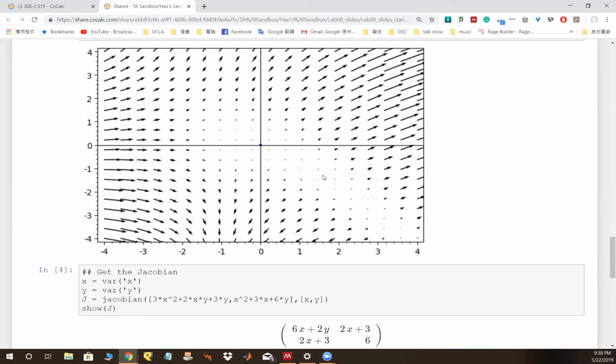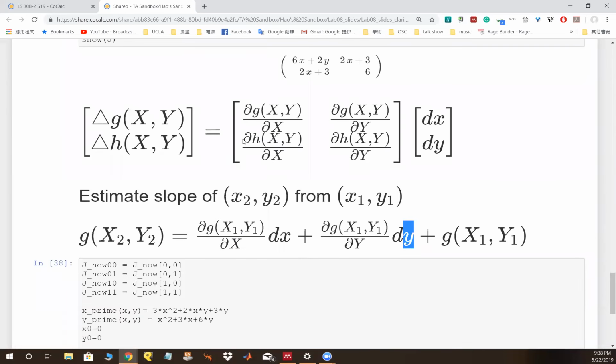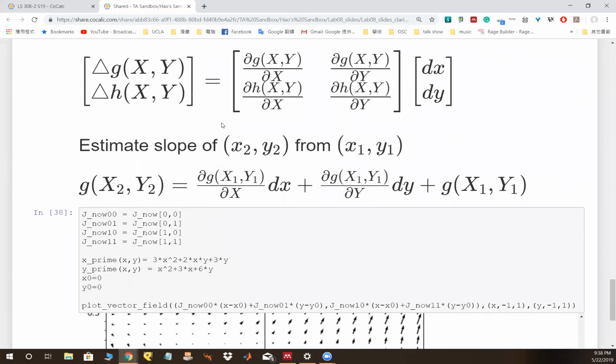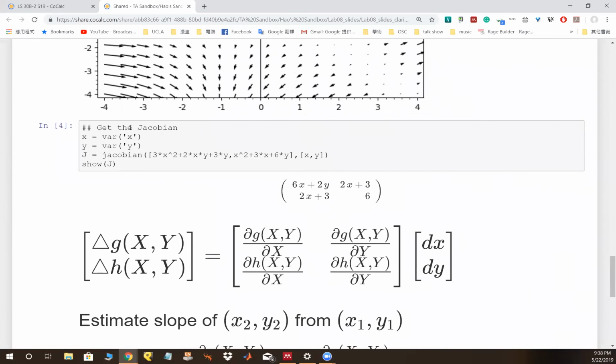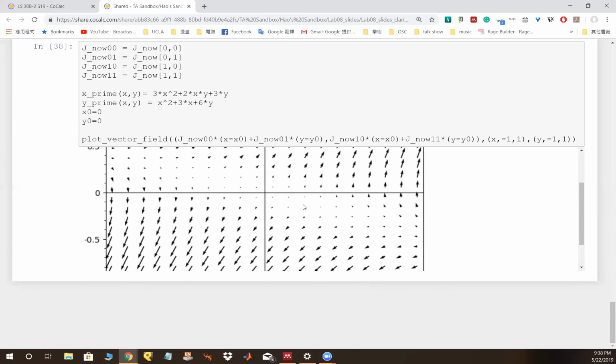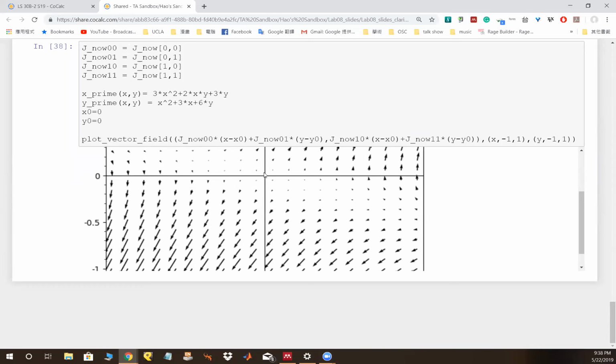They are totally different, which means this approximation method is only valid at points nearby the equilibrium point. That is why the lab asks you to plot two vector fields: one is the original vector field, and one is the vector field approximated by the Jacobian. They want to show you that it looks different away from the equilibrium point, but similar nearby.